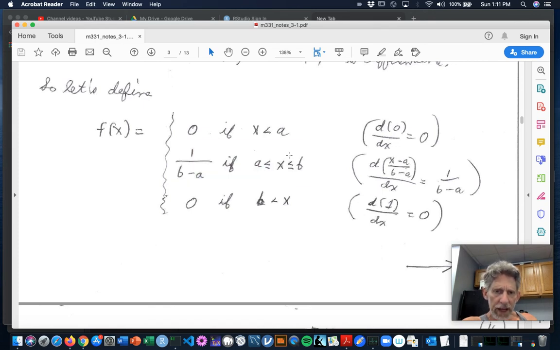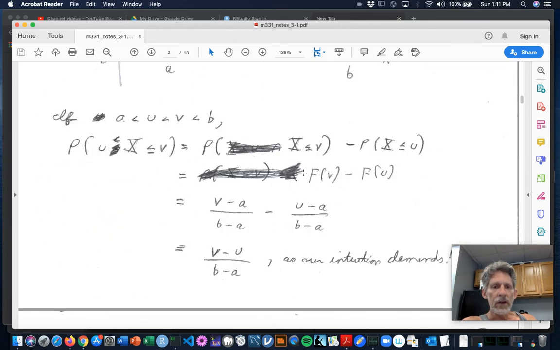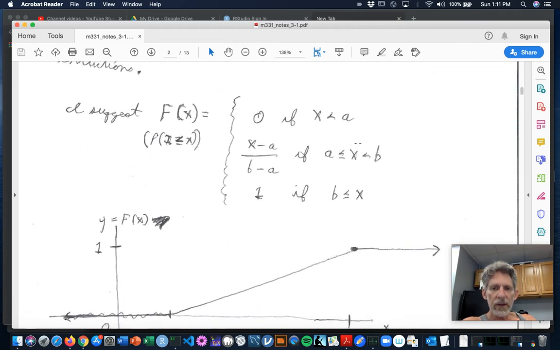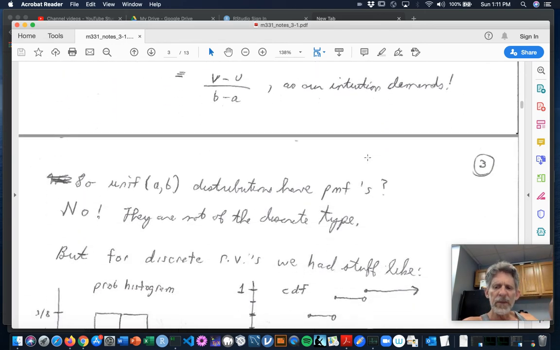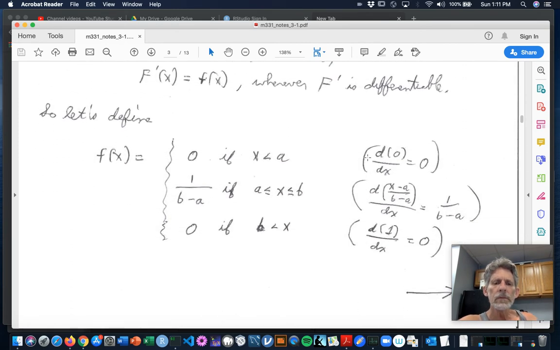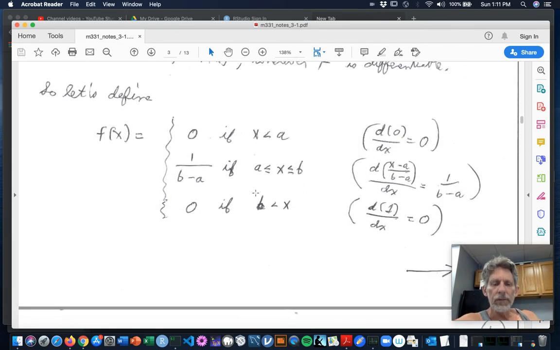Now I'm claiming that for x less than or equal to b, which is a little bit of a fudge because f was only that way when x is less than b. Give me that. Let me keep going. And for x bigger than b, capital F said that x was a 1, but the derivative of 1 is 0.